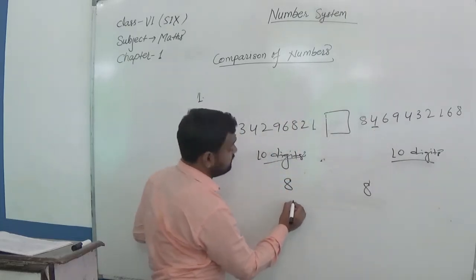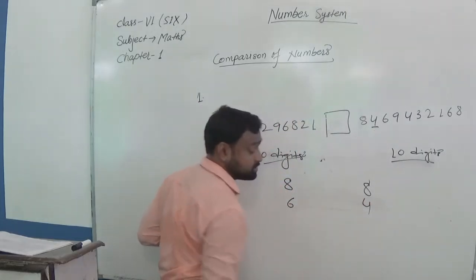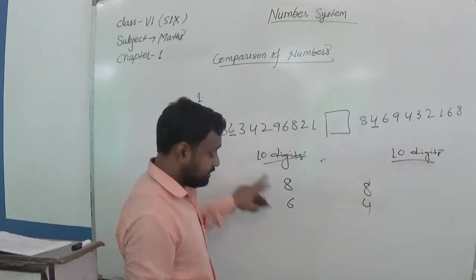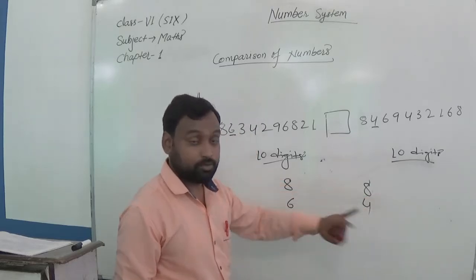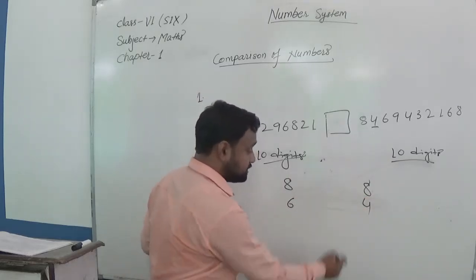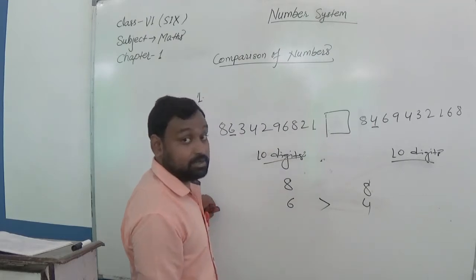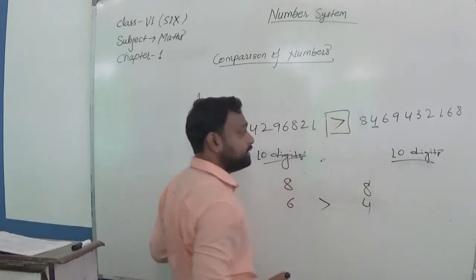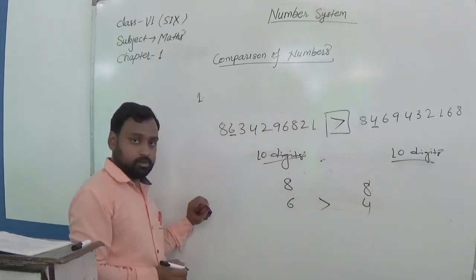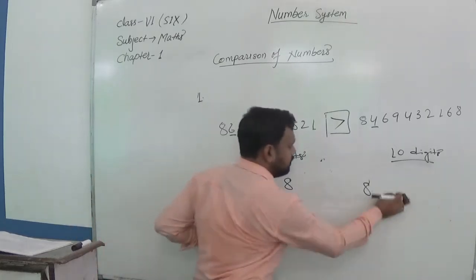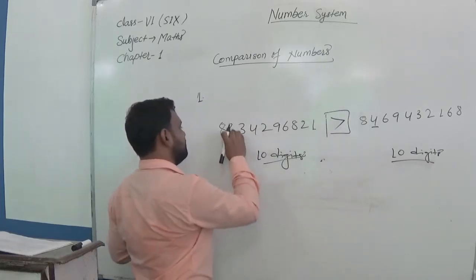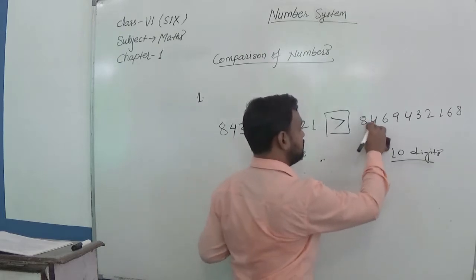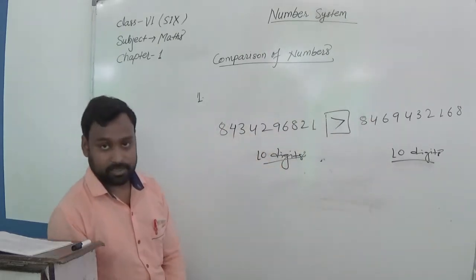Okay, we have 6 and here it is 4. We have 6 on the left side and we have 4 on the right side. Now, what do we know? 6 is greater than 4. That's why this number will be greater. Suppose we have the same digit at this place.